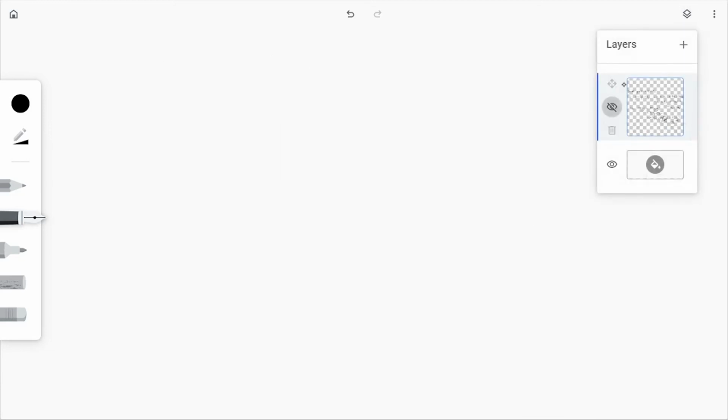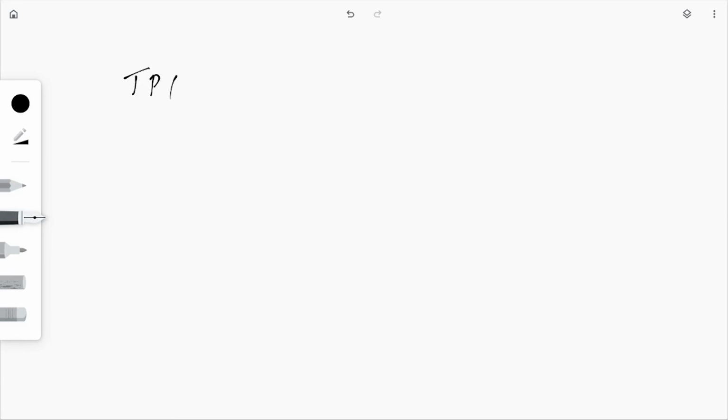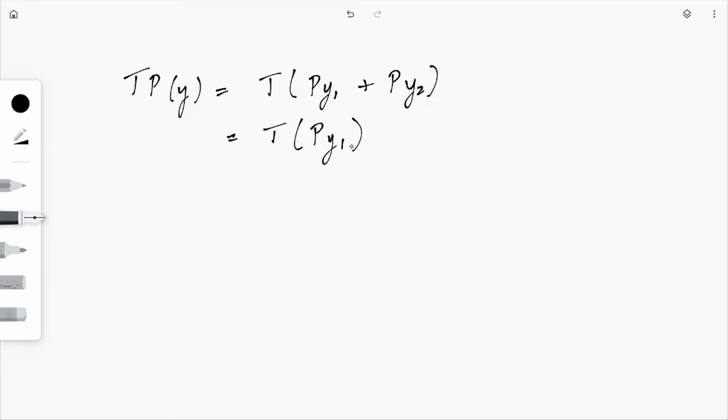Now let us see what happens to TP acting on y. In a similar manner we can obtain that this is nothing but T of P of y1 plus P of y2. P of y2 is nothing but 0, so this is T acting on P of y1. P of y1 is an element of image of P and T is invariant, y1 is an element of image of P, so P acting on y1 is y1 as well, so this is T of y1.